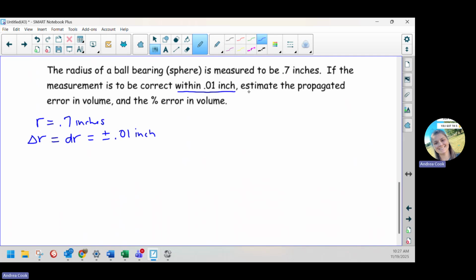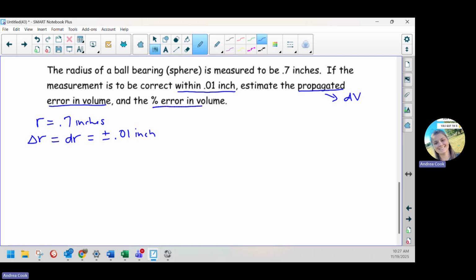Estimate, so that's dV, estimate propagated error in volume. So propagated error in volume, when we're estimating, that is saying dV.